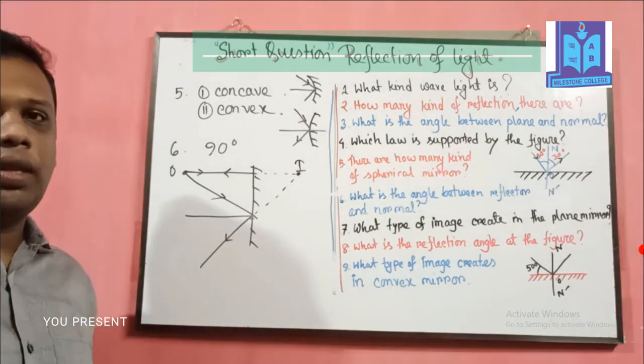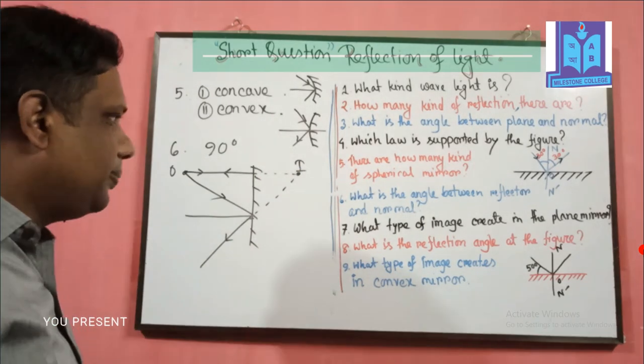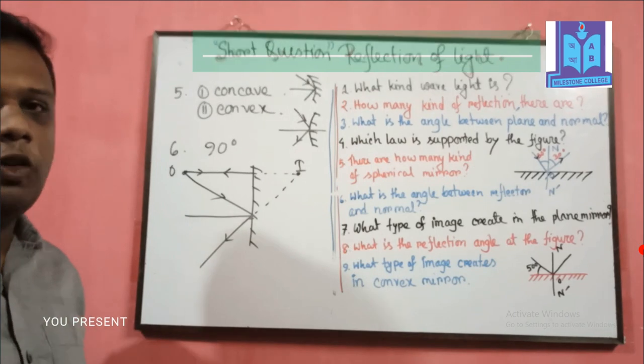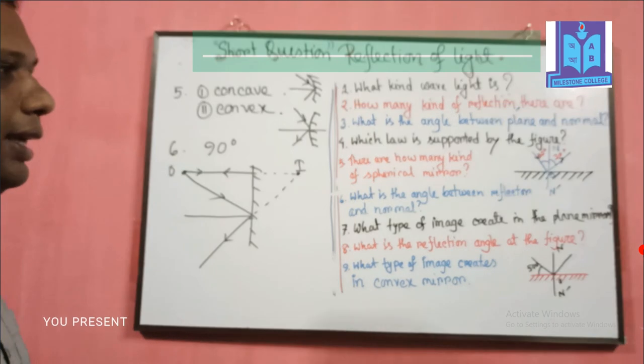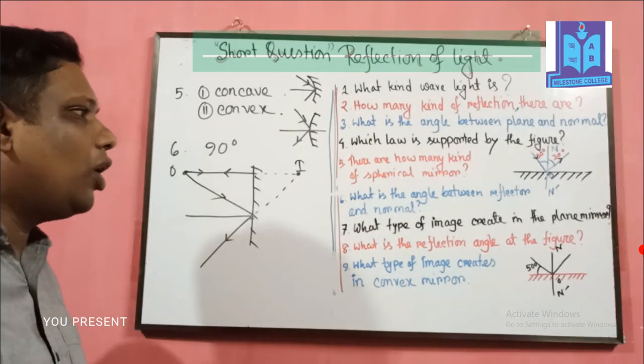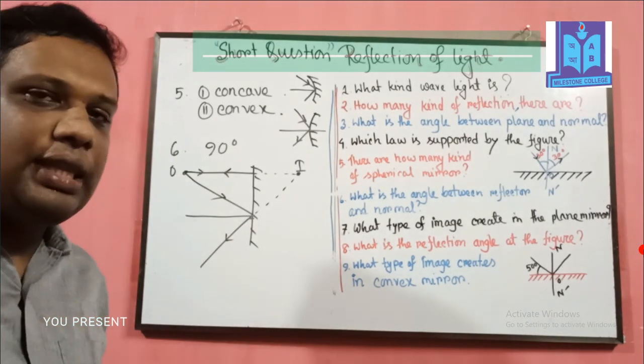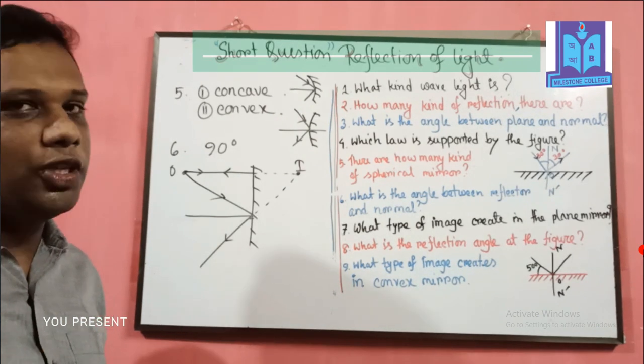Dear students, what we notice from the figure is that it is a virtual image. So the answer is: the type of image created in the plane mirror is virtual image.